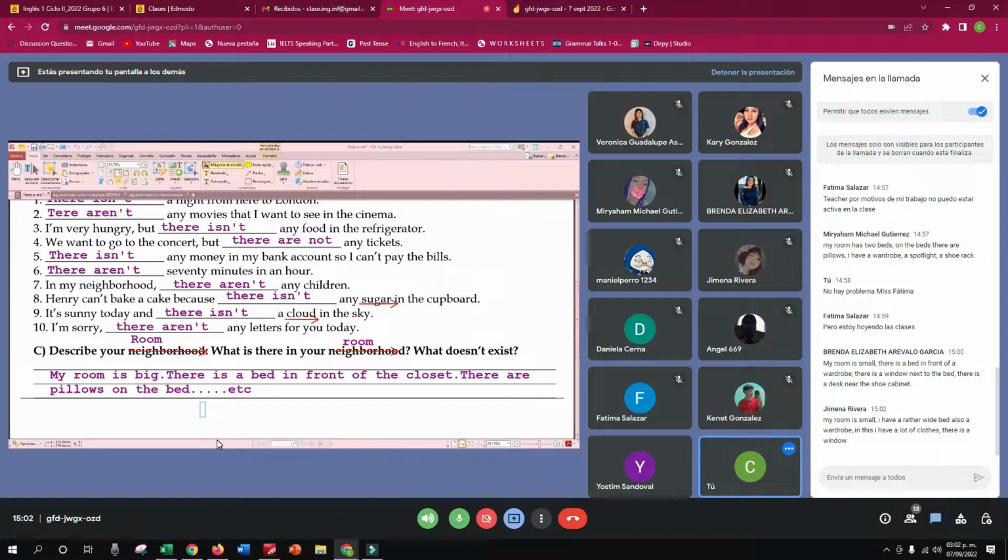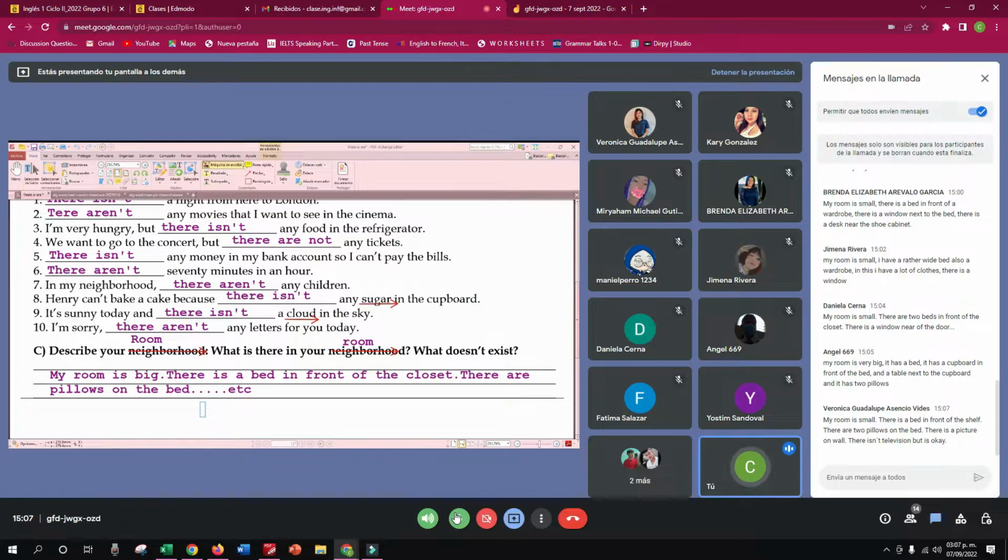Mira, describe your room and what is there in your room, right? Use there is, there are, and also the prepositions. También tienes que utilizar las preposiciones del lugar, ¿ok? Entonces sigue el ejemplo ahí, o puedes ver también el ejemplo de tus compañeras, de Miriam, Brenda y Jimena, que ya lo enviaron ahí en el chat.